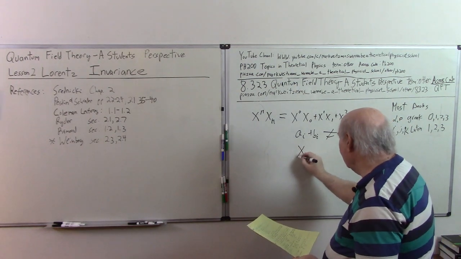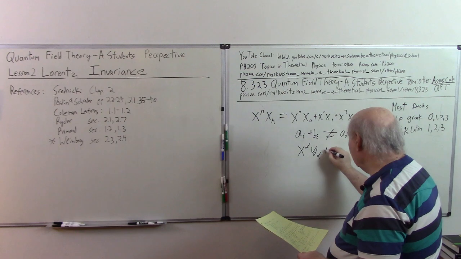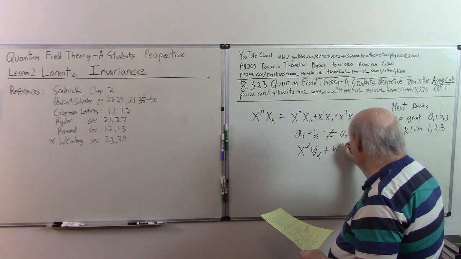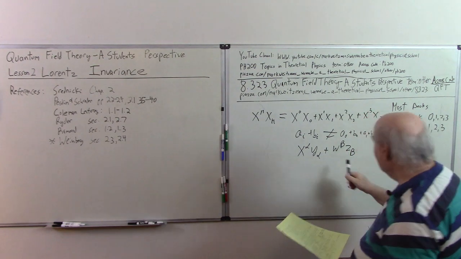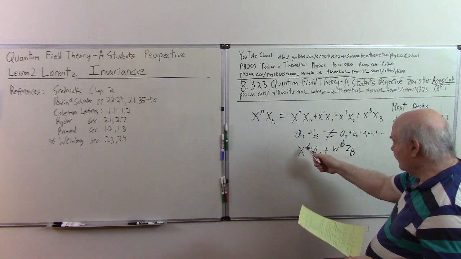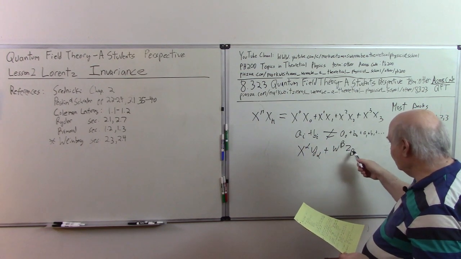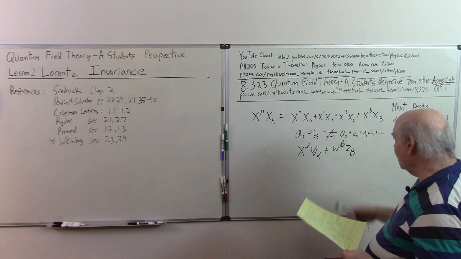So if I have X^alpha Y_alpha plus W^beta Z_beta, this is going to be X0 Y0, X1 Y1, plus X2 Y2, X3 Y3, plus W0 Z0, W1 Z1, and so on.